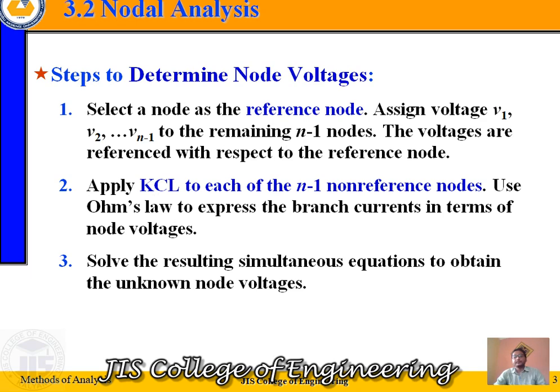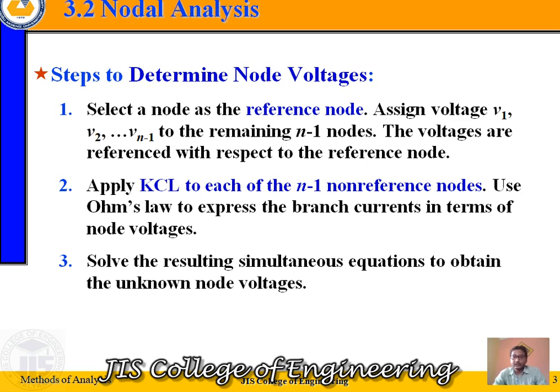So first of all, before going to nodal analysis, you have to know what a node is. A node is nothing but the junction point of a circuit. The junction point means where more than two branches meet together, or the connecting points where more than two electrical components are connected together.